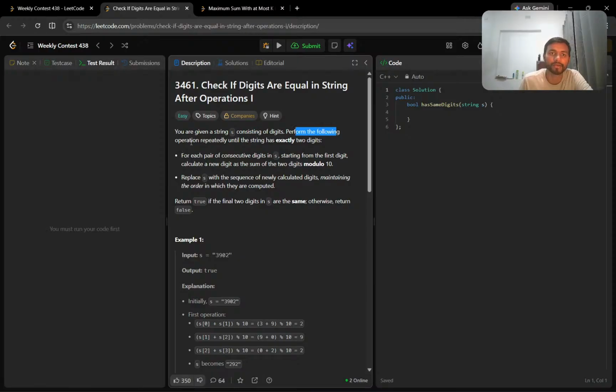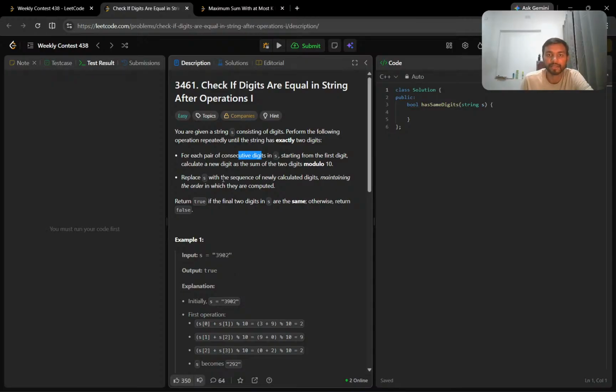Perform the following operation repeatedly until the string has exactly two digits. For each pair of consecutive digits in s, starting from the first digit, calculate a new digit as the sum of the two digits modulo 10.